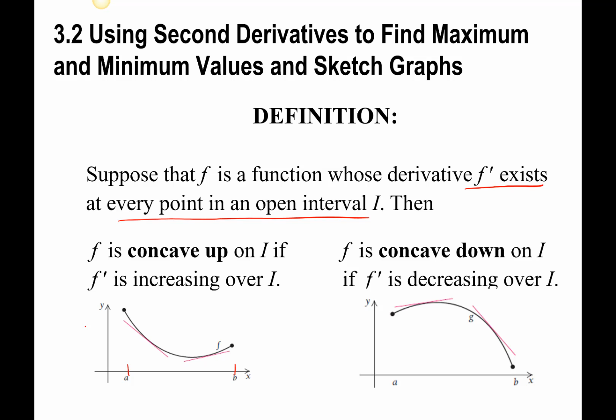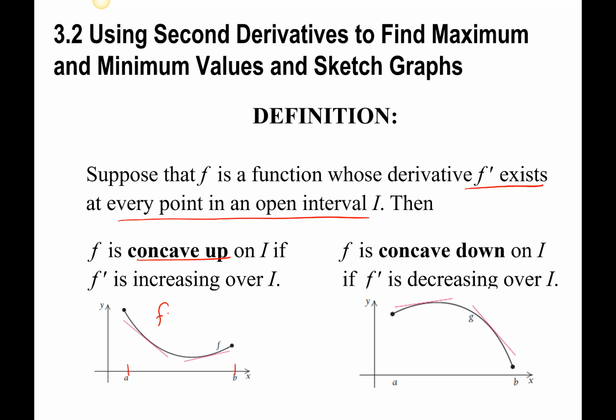Now, getting bigger can look like moving from -7 to -5. That's moving in a positive direction. It doesn't say it is positive, but it's moving in the positive direction because you're going from -7 to -5, and that's moving in the direction of positive values. Okay? If it is positive over the whole interval, it's concave up.